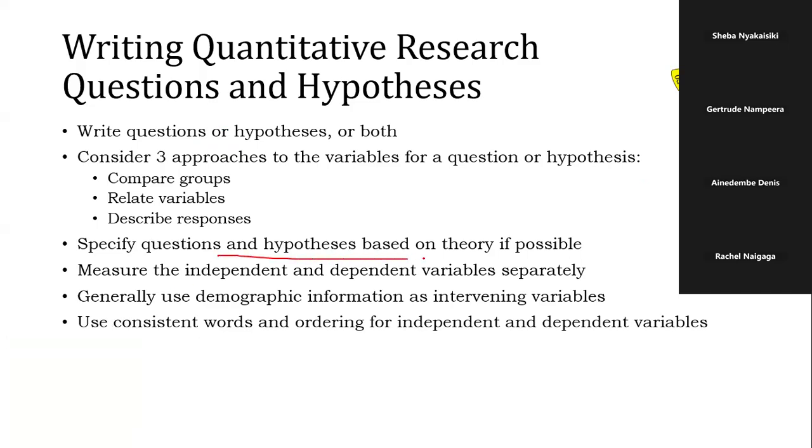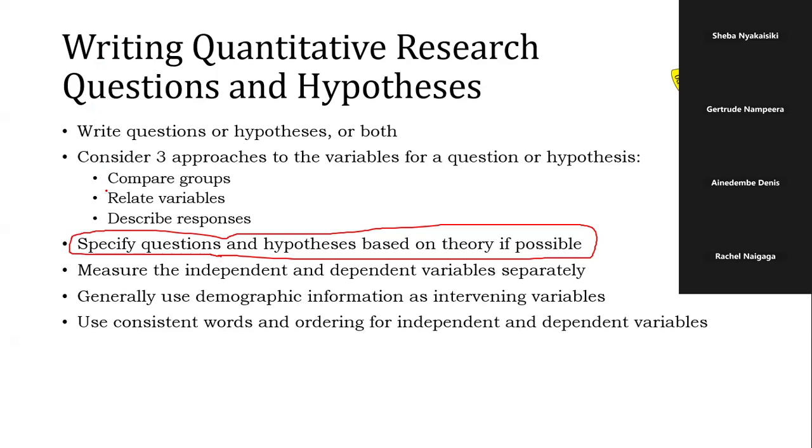If there's an existing theory and you can derive these hypotheses and research questions from theory, then please do so. Now you see how TAM comes in to support theory development. And there are other adoption theories that exist. TAM is not the only one. So these are the things to consider.